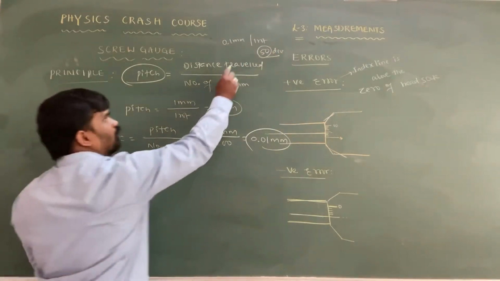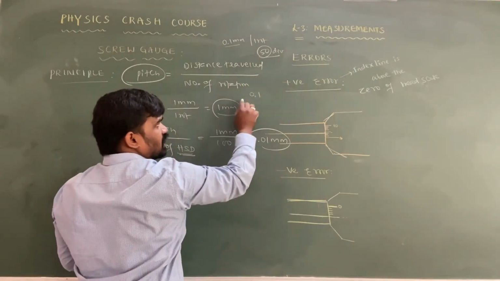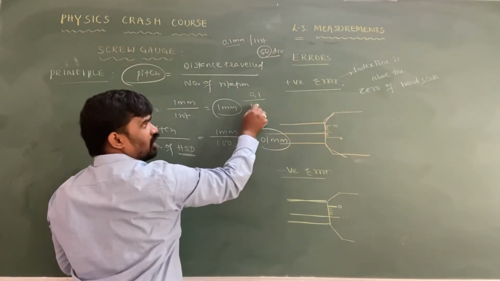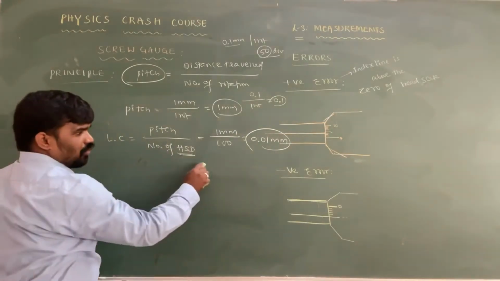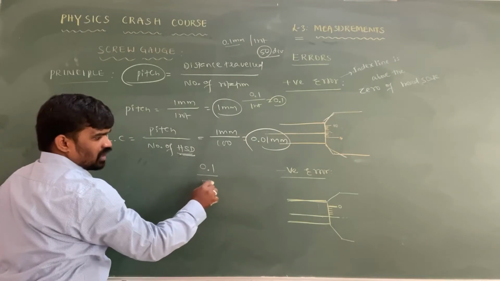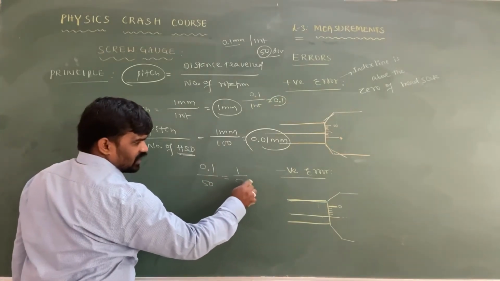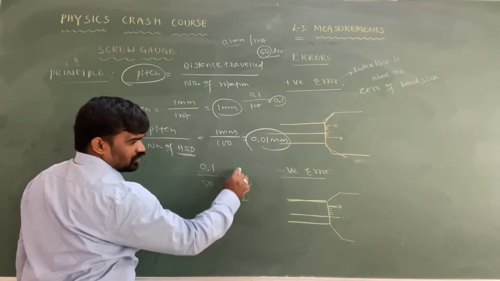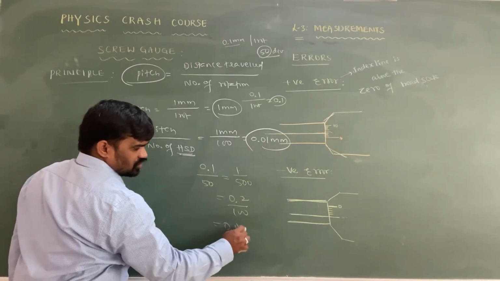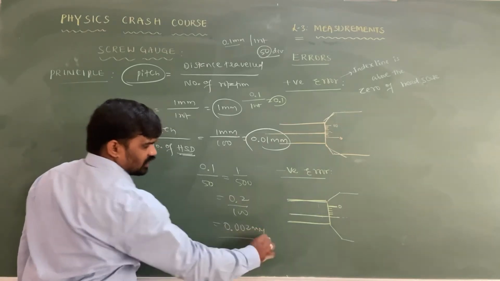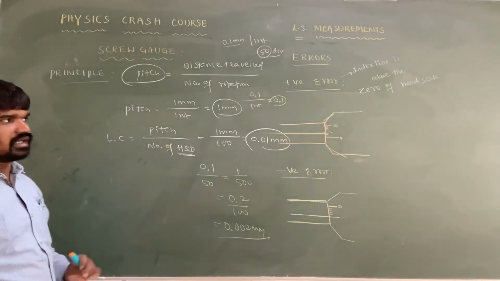Here 0.1 millimeter is the distance traveled in one rotation, so the pitch is 0.1. Divided by the 50 divisions, we get 0.1 by 50, which is 1 by 500, which is 0.2 by 100, which is 0.002 millimeter. This is the least count of the screw gauge. This is the way to calculate the least count.